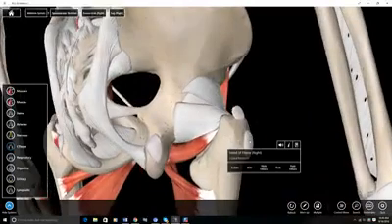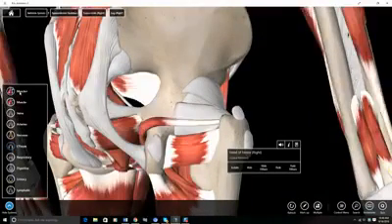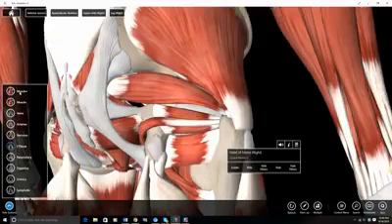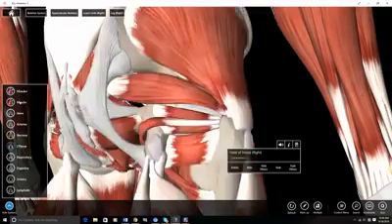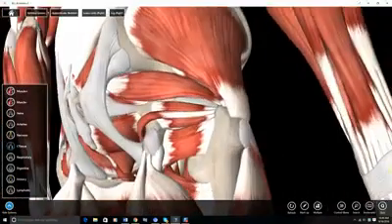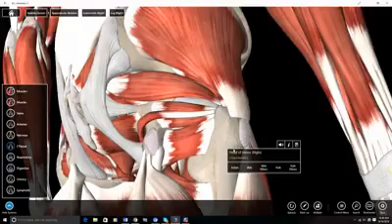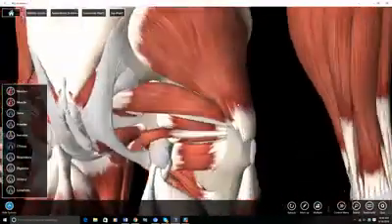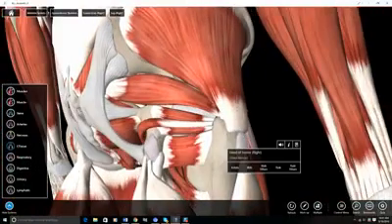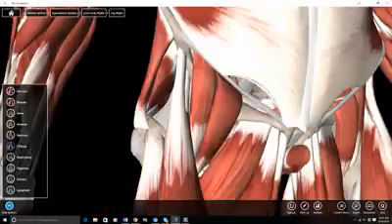If I go over to this part, this greater trochanter, and if I add on the glute medius, the big butt muscle, it goes over the bursa to cause lubrication between the tendon and the bone, and so that's one cause.